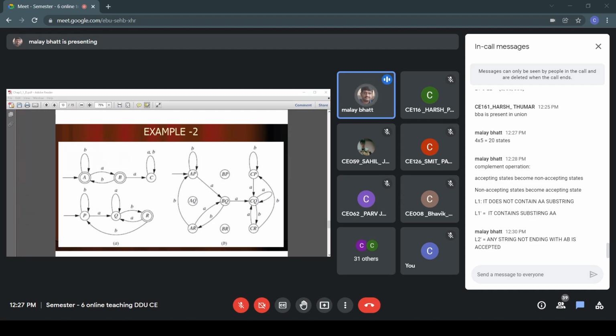So in that case, P and Q will be the accepting states and R will become the non-accepting state. Yes, any query in this complement operation? Is it clear?